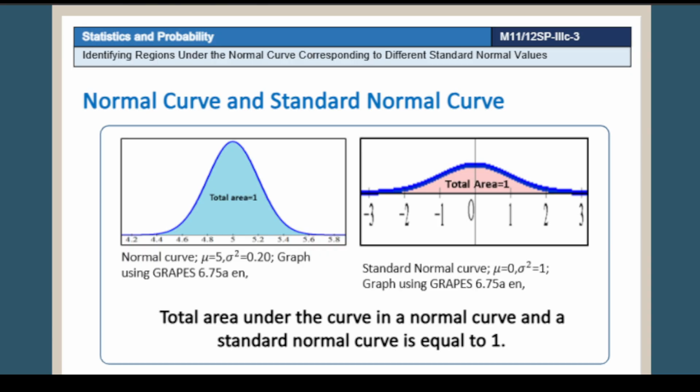On the right side, the standard deviation is 1 and the mean is 0. That's how they differ in shape: the right one is flatter, while the other one is a bit bulkier. So take note, the total area for both the normal and the standard normal curve is equal to 1, which represents probability.